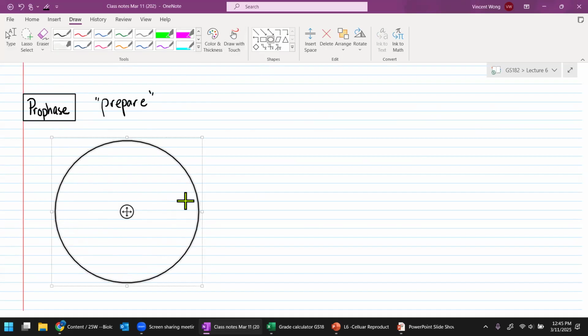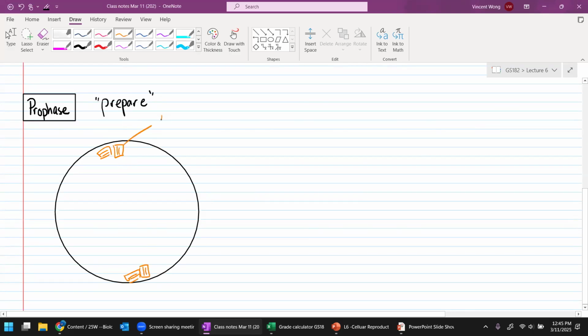You have already copied all the genetic material, and it's ready to divide. By the time prophase is finished, you would have the centrioles. We learned that in lecture 3. And centrioles send out these spindle fibers. They're like ropes.